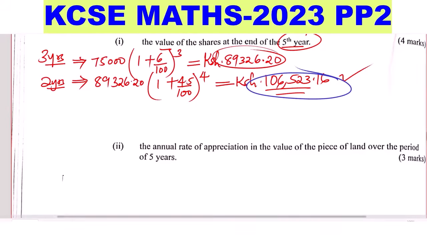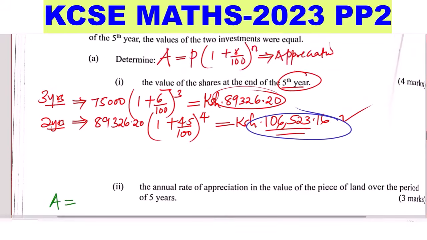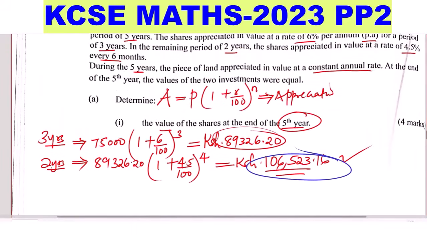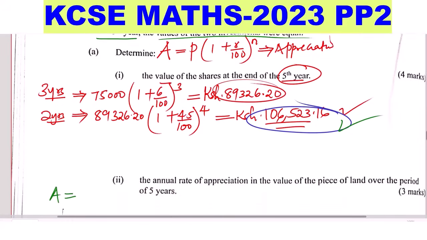But we know the amount after appreciation of the land, and we get it from the last statement here, that at the end of the 5th year, the values of the 2 investments were equal. The investment in the shares, the amount was 106,523.16. So the same amount applies to the land. So for the land, after 5 years, we have the same amount.